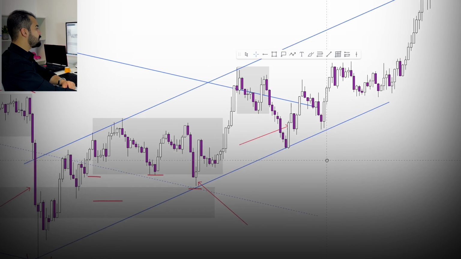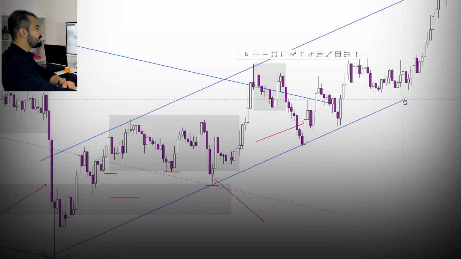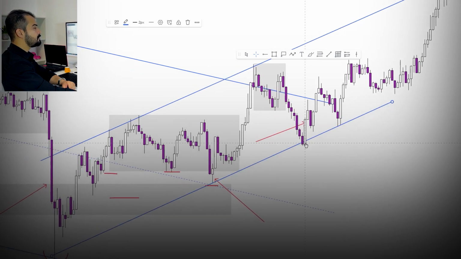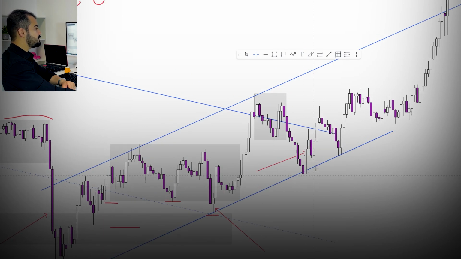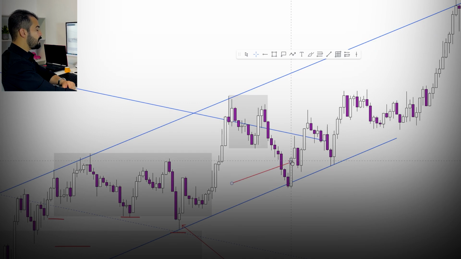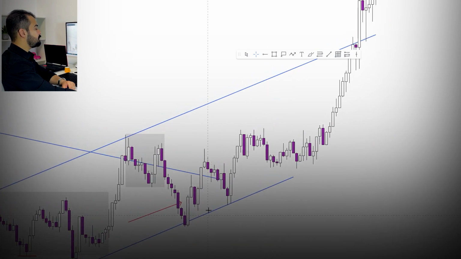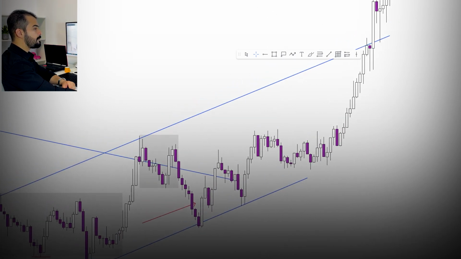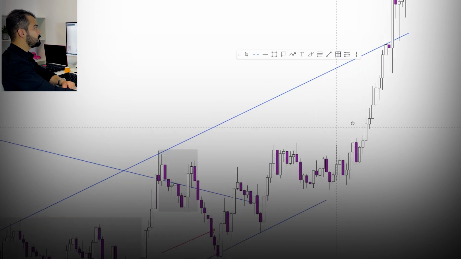This confirmation simultaneously happened with this trend line, the third collision on this trend line, which is so important. After seeing this, you can just enter your trading position easily, and we're going for an explosion to the line.